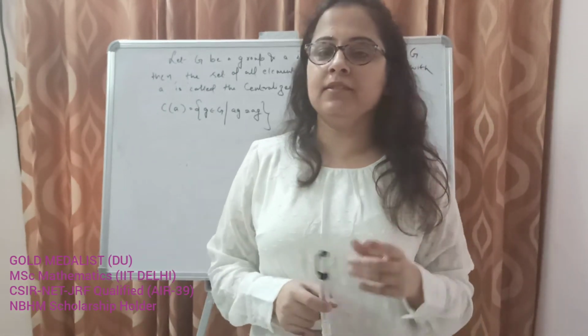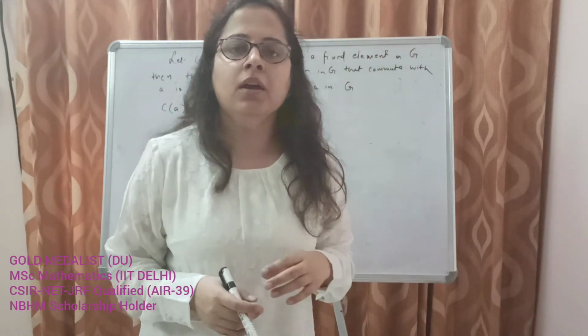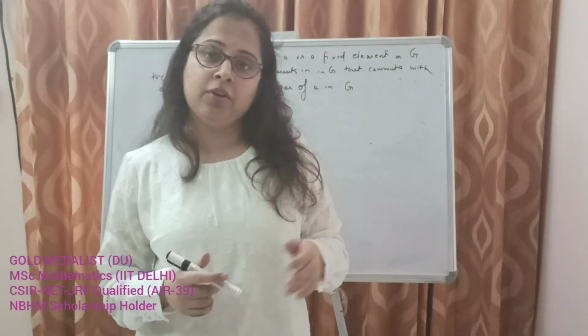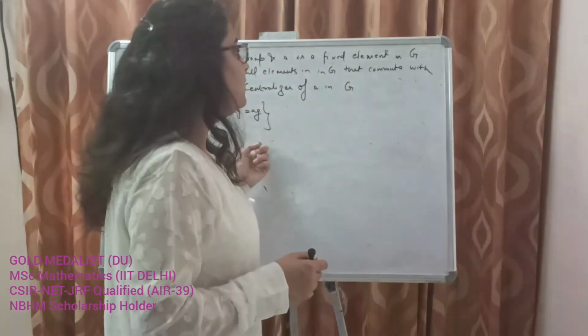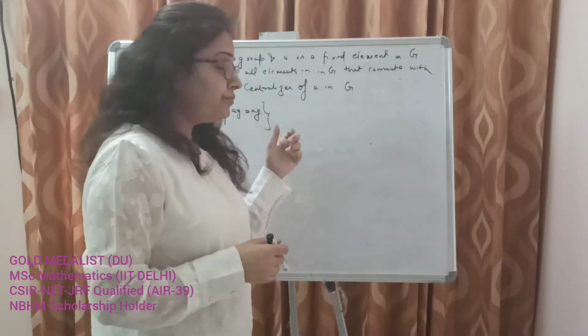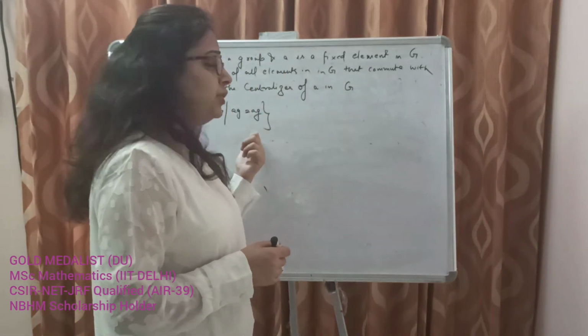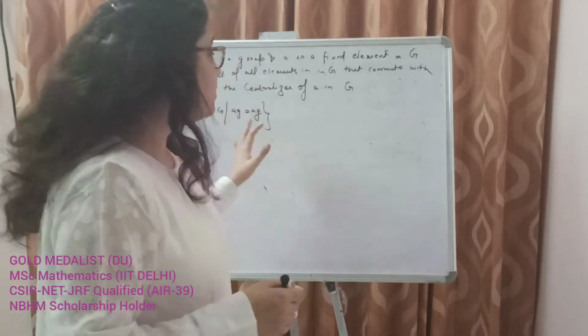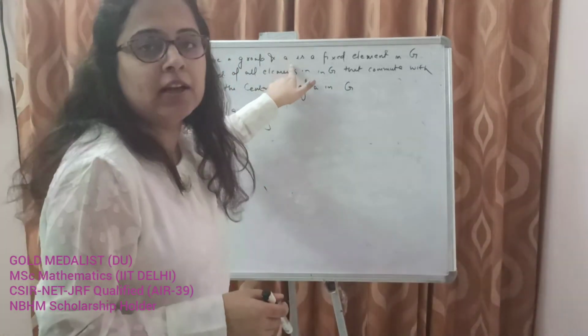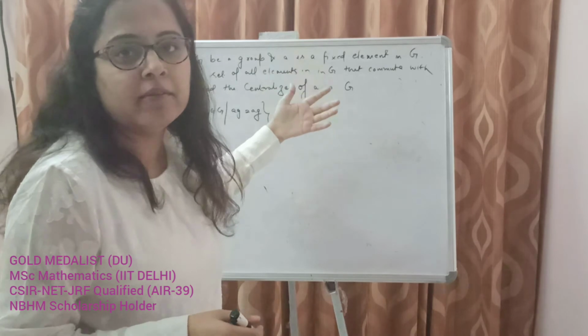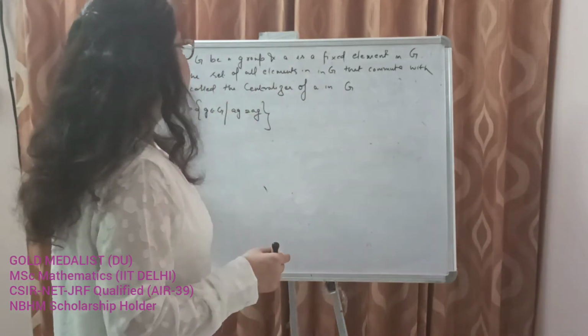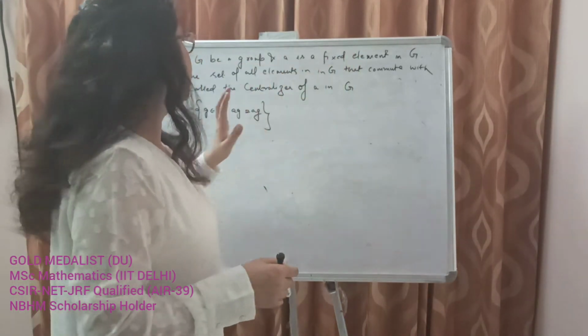It says that it is the set of all elements in a group that commute with every element of the group. Now we are saying that it is the set of elements in a group G which commute with A. Here we are defining it on a particular element of a group, whereas there we didn't have any particular element.